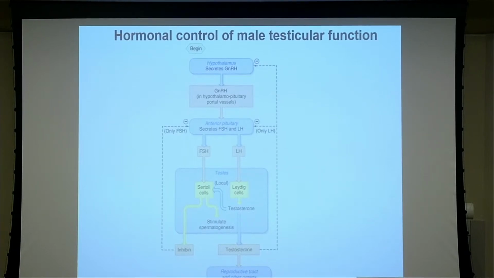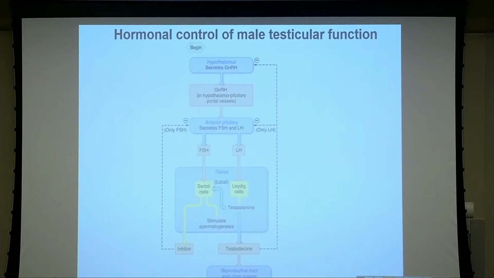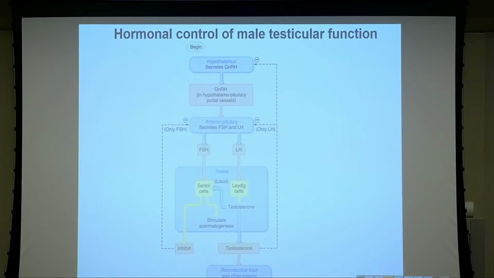hypothalamus is the place for the production of the hormone called GnRH, that is gonadotropin releasing hormone.